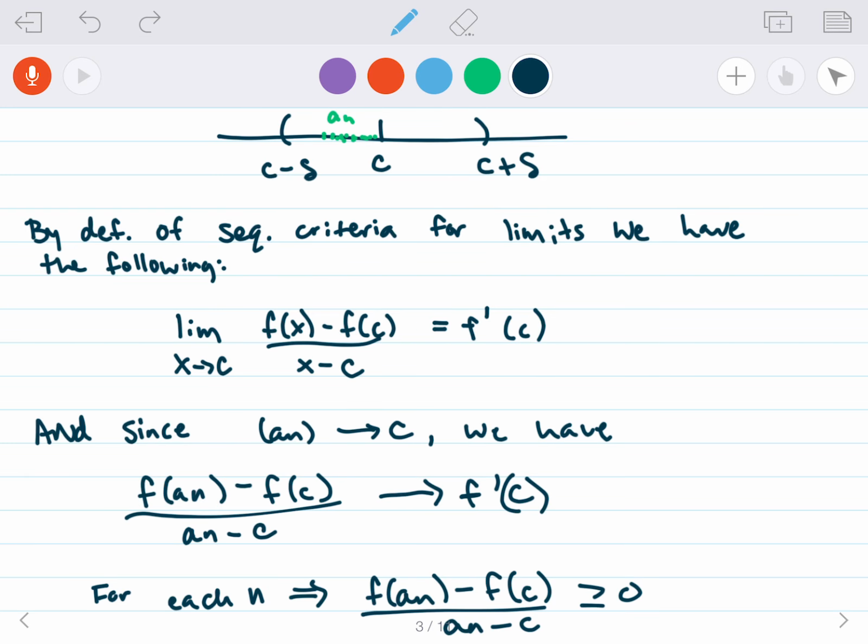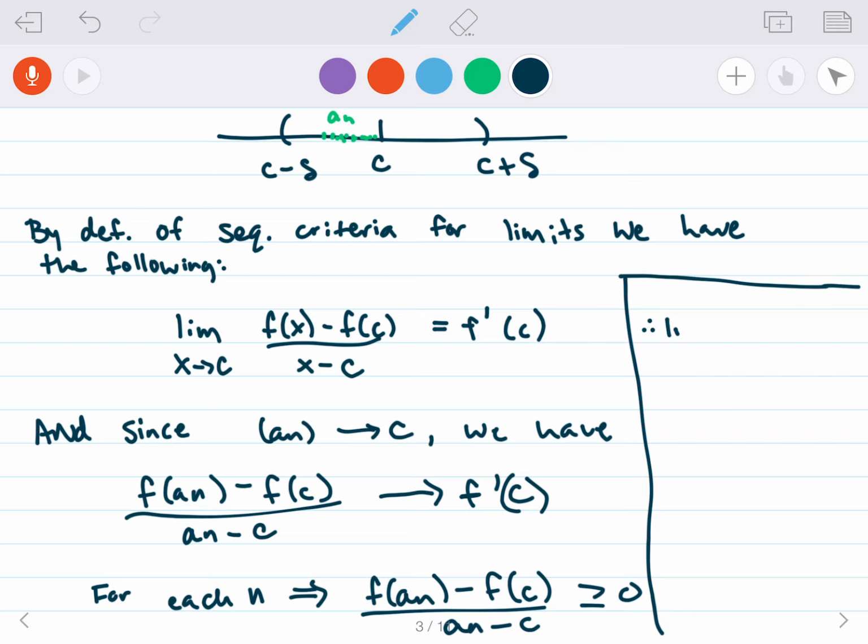Okay, so if we take the limit of something that's always bigger than or equal to 0, that's going to be bigger than or equal to 0. So applying the limit, maybe I'll just write it off here and then I'll erase some stuff.